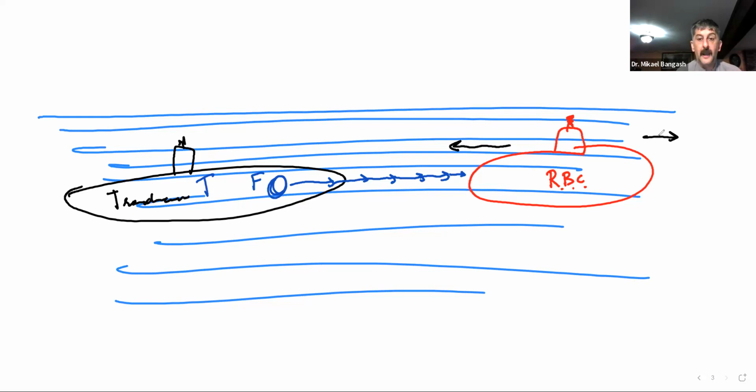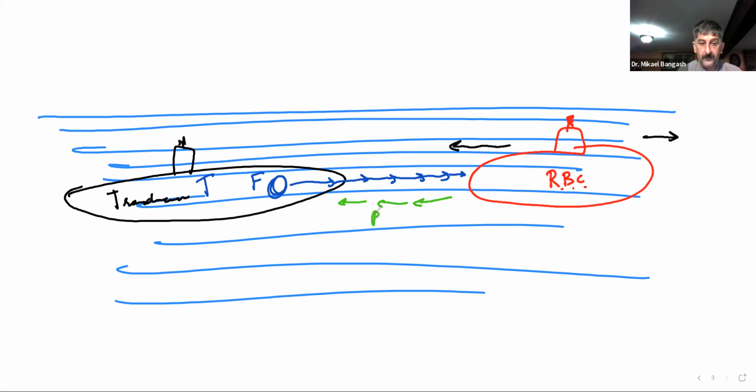Well, they will get to know that because of the frequency at which the sound waves are reflected back from this submarine, which we call a reflector, which in the case of Doppler is going to be the red blood cell.